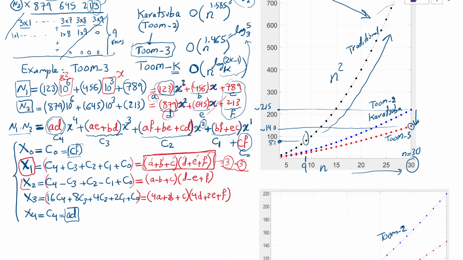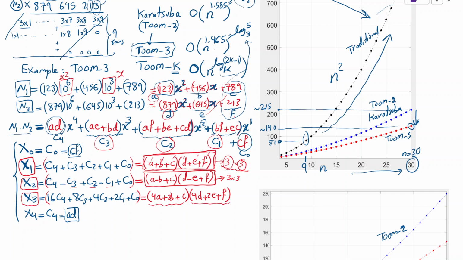To find x2, we are not really finding C1, C2, C3 because those are not helping us; we are just computing the multiplication shown on the right side, following the same logic. It's asymptotically on the order of a 3 by 3 digit multiplication. And the same thing for x3. We can rewrite it this way, and it's in the same ballpark.